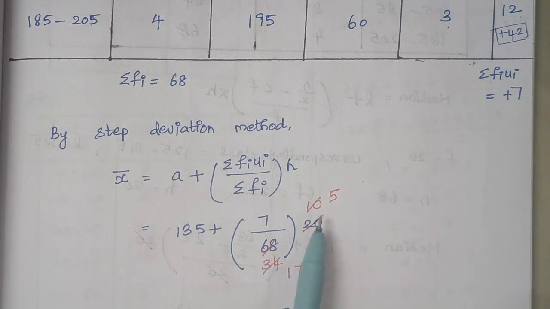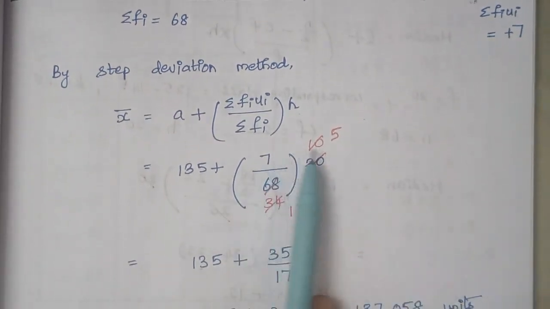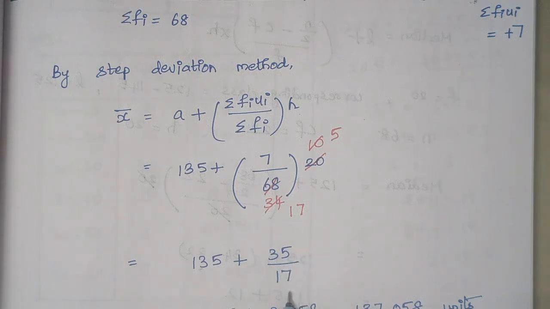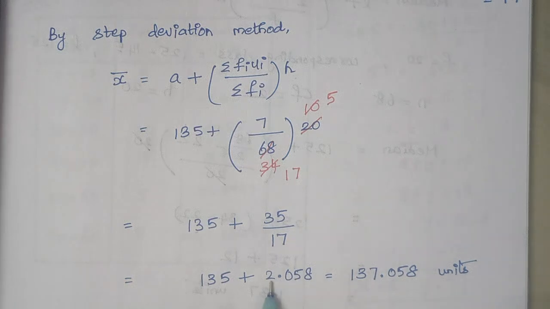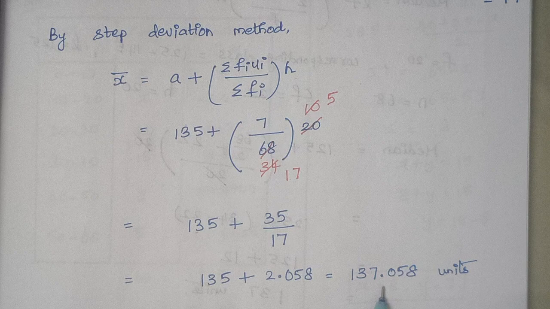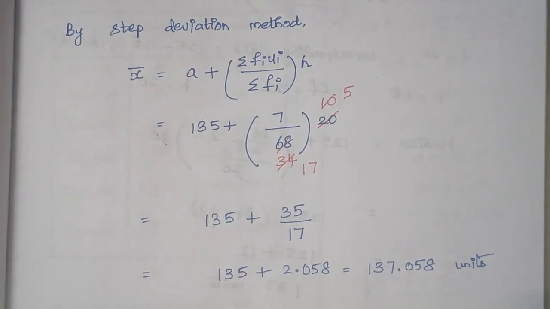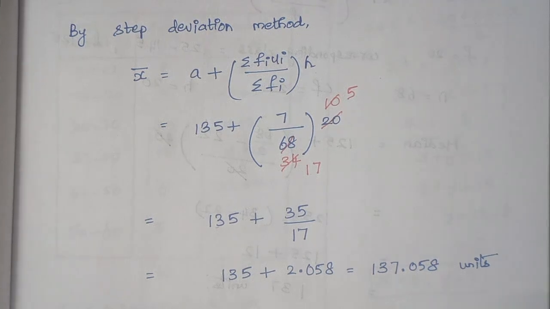Again when you solve here, 20 and 68, we can cancel them by 4 and here the answer is 5 and here it is 17. So 135 plus 7 fives are 35 by 17, and when you simplify, here we get the answer as 2.058, and when you add, here the final answer is 137.058 units. Right. So finally we have calculated the value of mean.